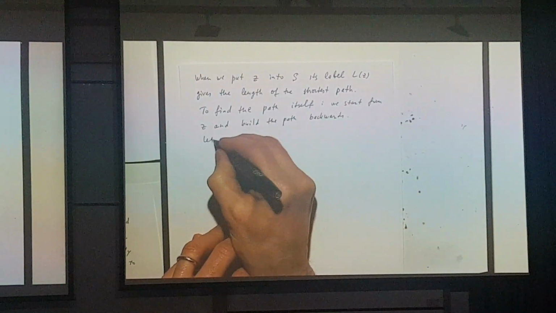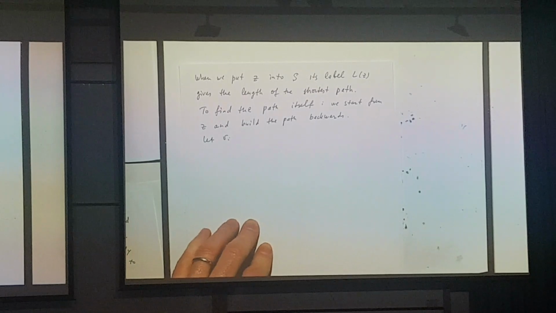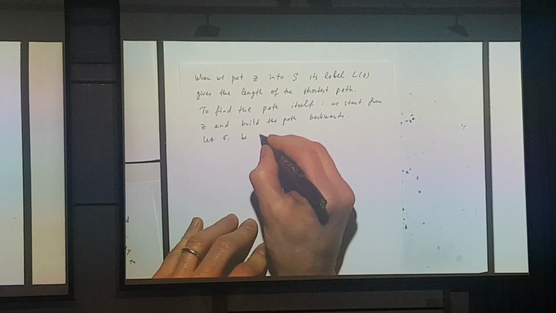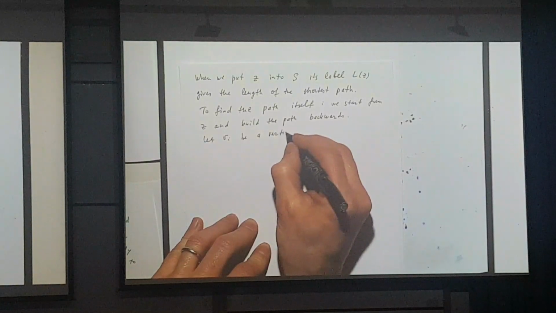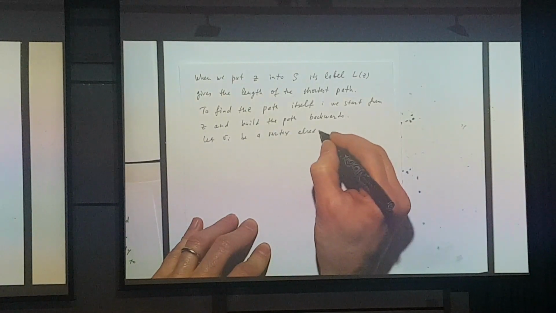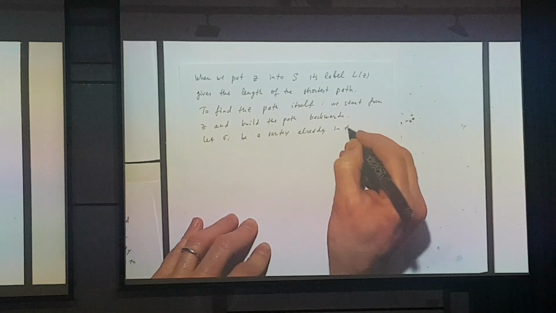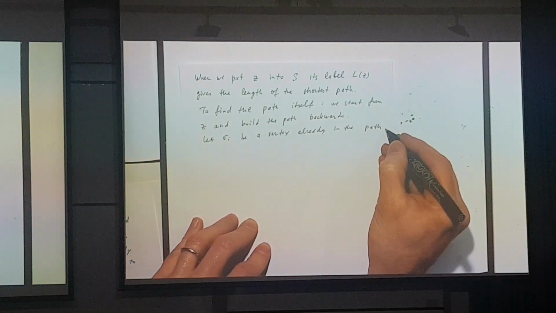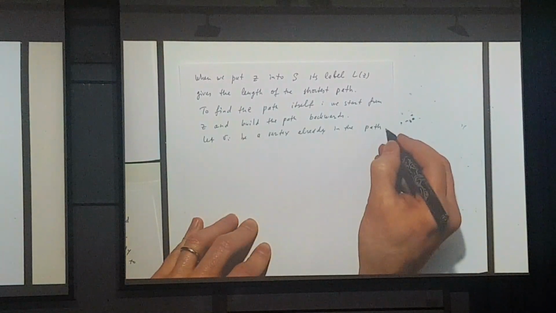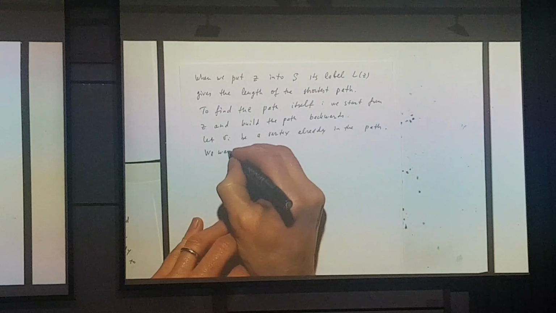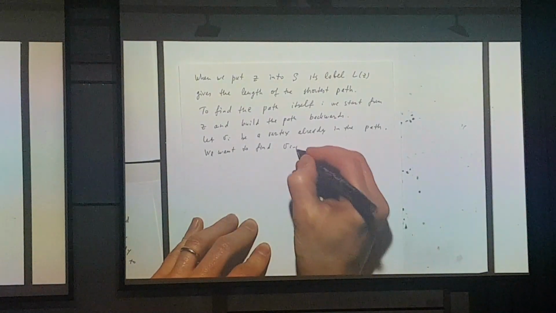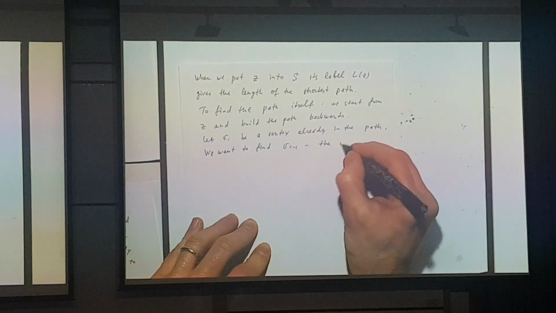Let V sub i be a vertex already in the path, say initially just Z. We want to find V sub i minus 1, the vertex before it.